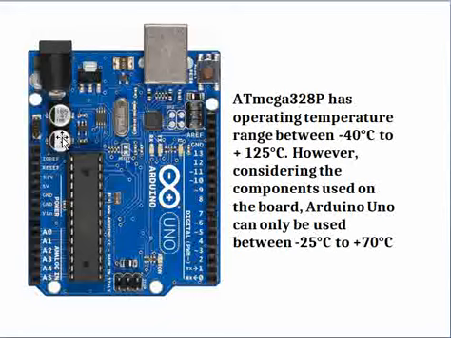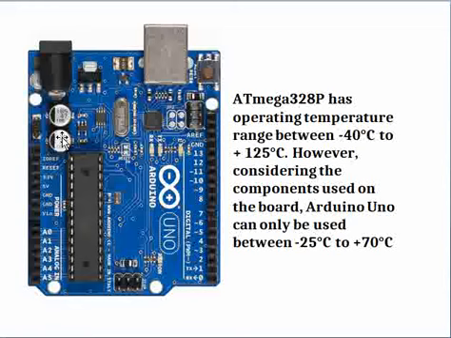And then another very important point, the operating temperature. Many people around the world might use the Arduino Uno as a hobby board and try a number of applications, but there are others who use the Arduino Uno for practical, real-time applications.